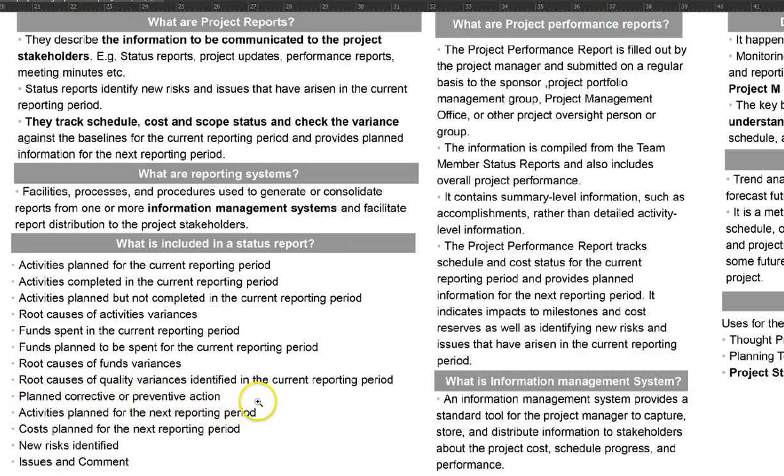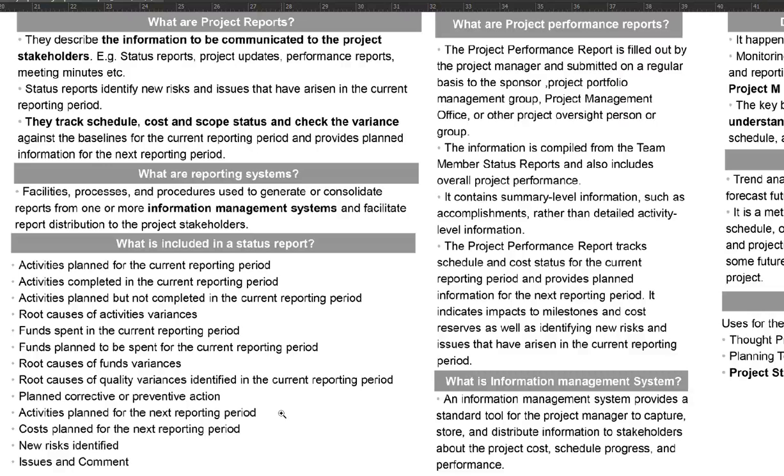And we had all this variance, so what did we do? What was our corrective plan or preventive plan of action that we used to go and get back on track? Planned activities for the next reporting period. So we have reported this from the first 15 days of the month. Now for the next 15 days, what have we planned to achieve?